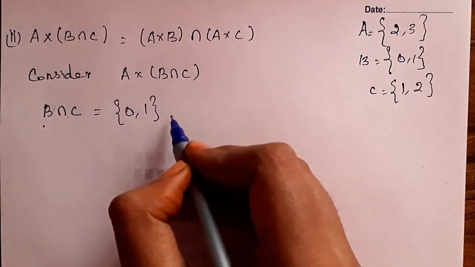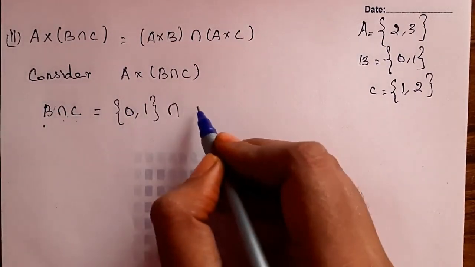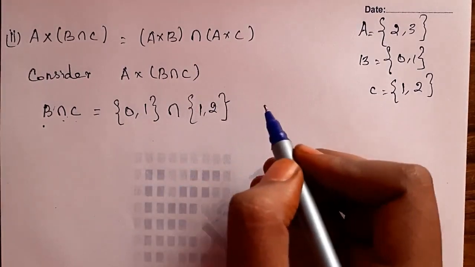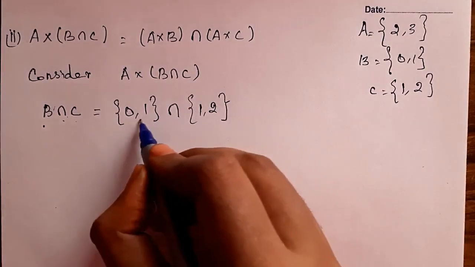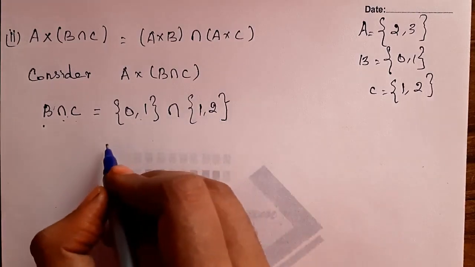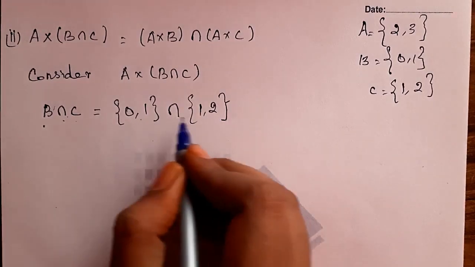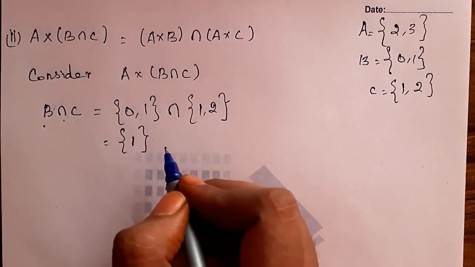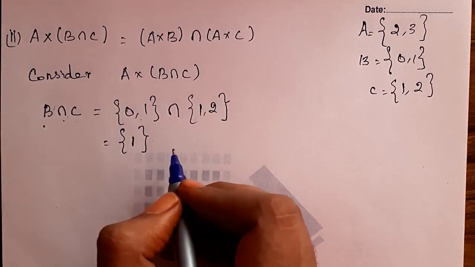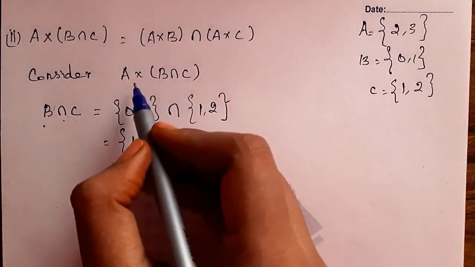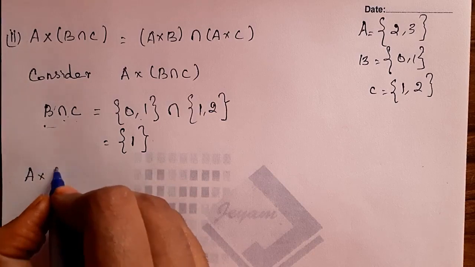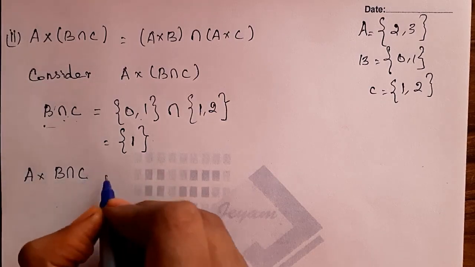So what is B? {0, 1}. Then intersection. What is C? {1, 2}. What I said, intersection means we have to collect common. So what are the common things from both? The set {1}. It is a singleton set, only one element is here. So now we can cross with A. A cross (B intersection C).